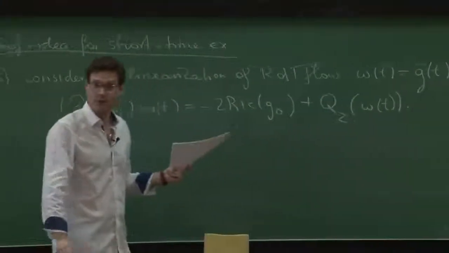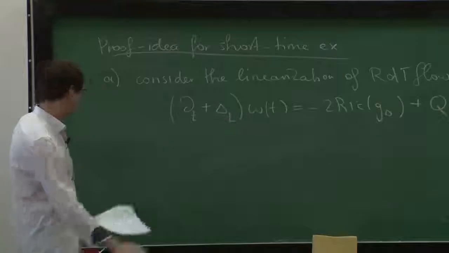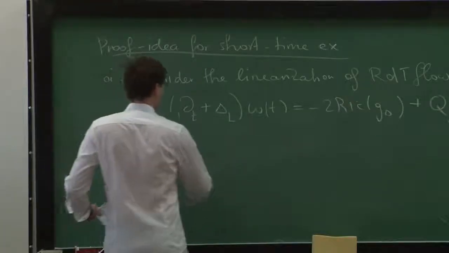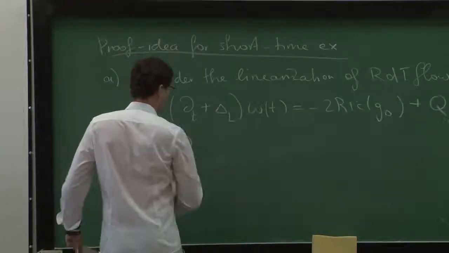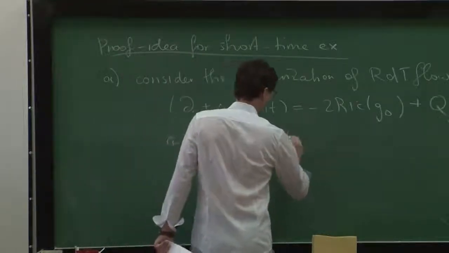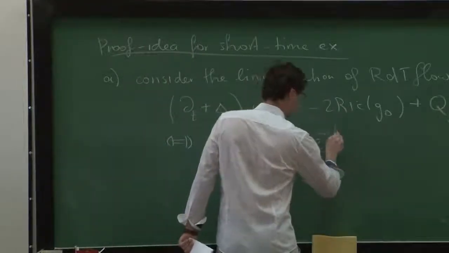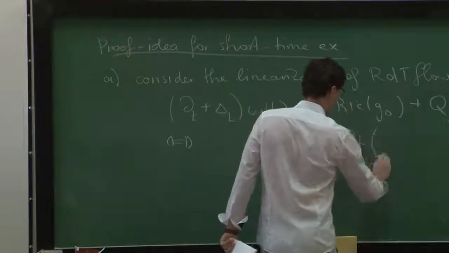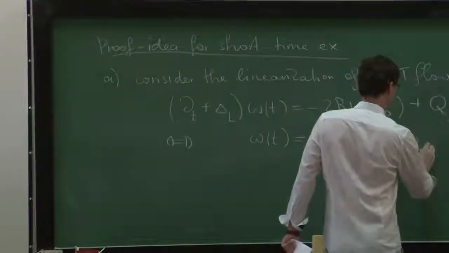It was on the board some time ago. What do we do with this? We see that formally, it's equivalent to writing omega t equals the heat operator applied to the right-hand side.